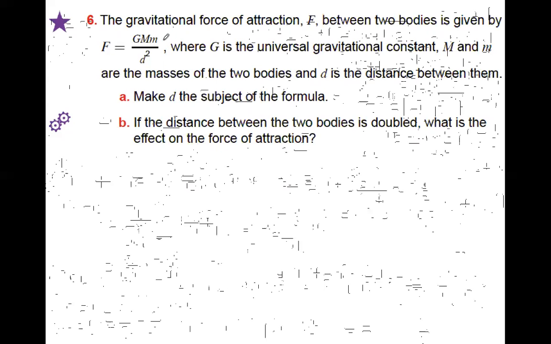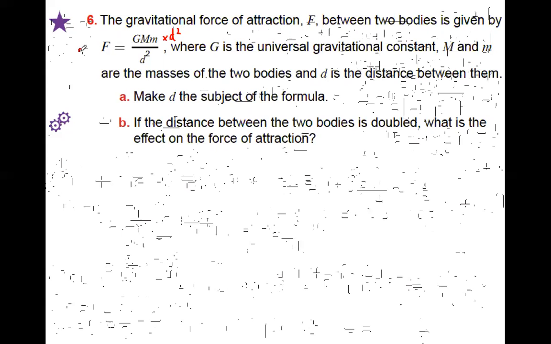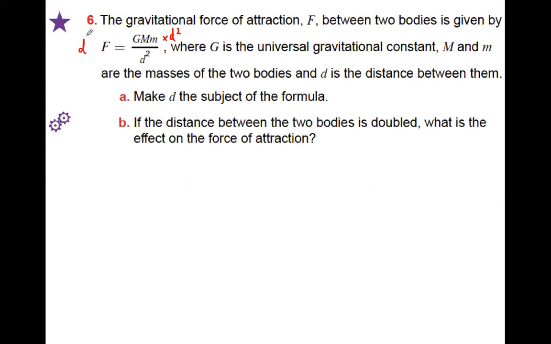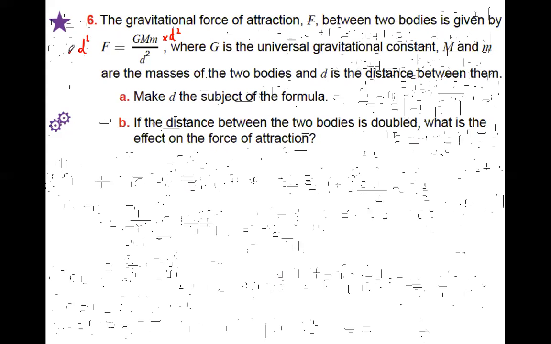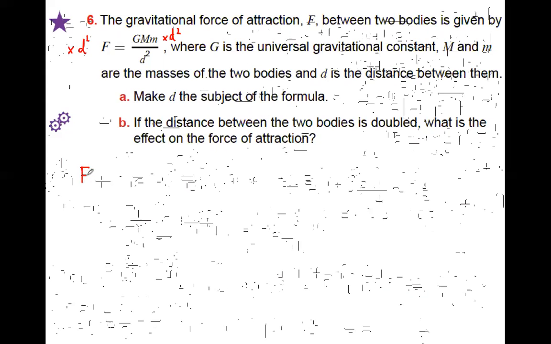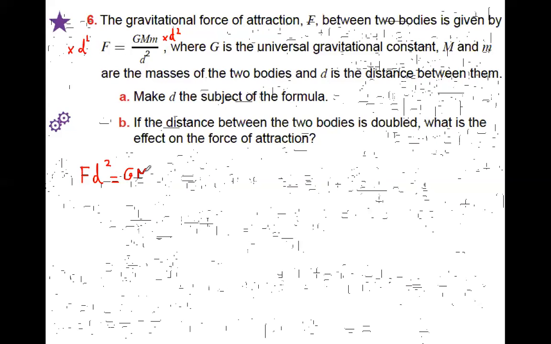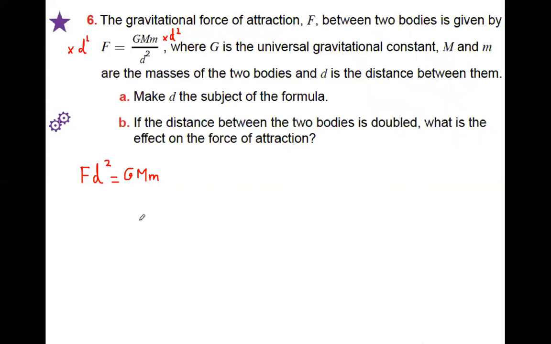We times by D square both sides to bring D here. So we times by D square. Then that means we've got F D square equals G times capital M times small m, the masses of the two bodies.